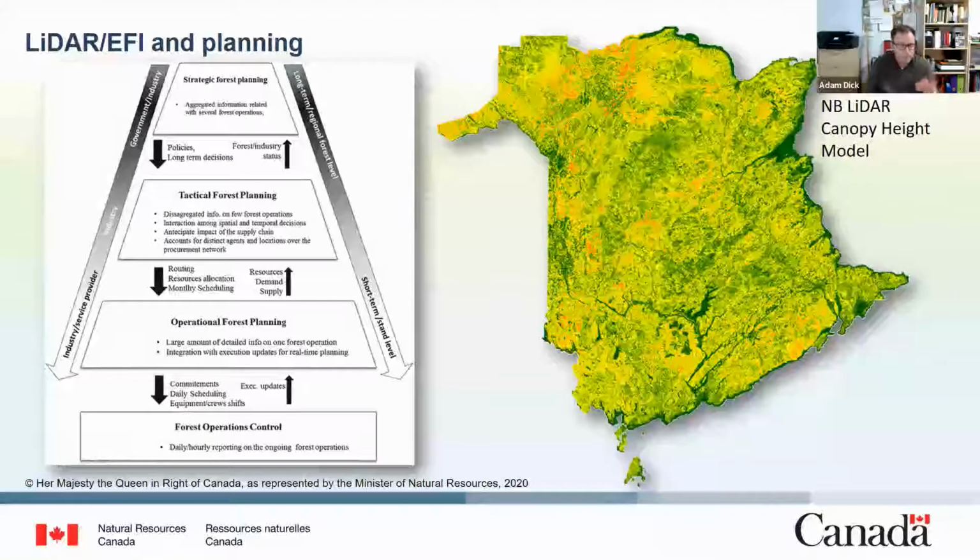On the left-hand side really reinforces why we were after that high resolution inventory. It wasn't just to have an inventory. It was to move away on that hierarchy you see at the top, the strategic forest management plan process, where we traditionally had a strategic forest inventory, to really wanting to make sure that we can translate that down through the scales to the tactical, down to the operational.